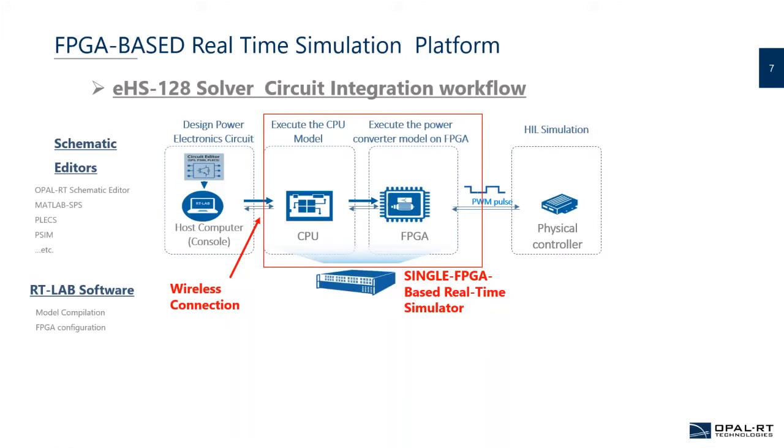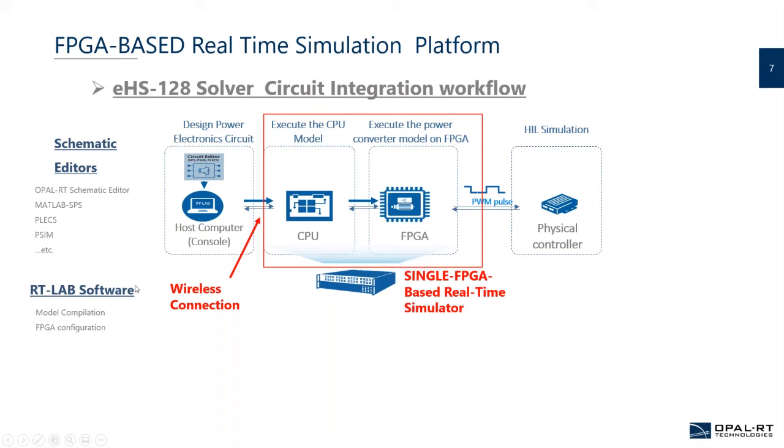The simulator here can be connected, or wirelessly connected, to a PC host where the user can easily design and draw the power circuit using any schematic editor. So here we can use our own OPAL-RT schematic editor. We can use the schematic editor from MATLAB SimPowerSystems, Plex, PSIM, etc. And then using RT-LAB software, the designed circuit can be compiled and the FPGA can be configured automatically.